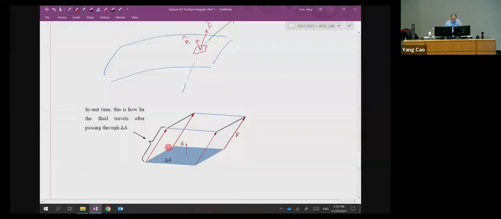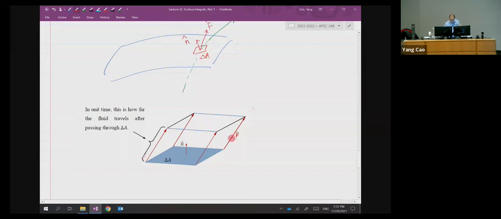That is basically given by the volume of this parallelogram. Because we're thinking at a very small scale, in terms of the patch and in terms of the F, we consider the vector field to be even over this delta A area. This is how we create this parallelogram based on delta A.